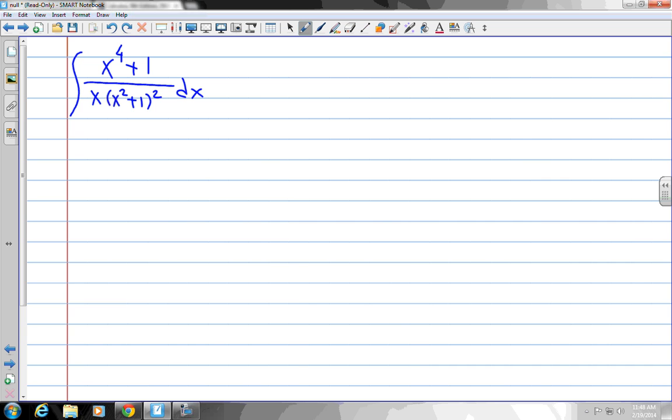I'm not making a new rule for that, but we're going to treat repeated quadratic factors just like we treated repeated linear factors. You're going to need all the powers leading up to the highest one. So you're going to need x squared plus 1 with the linear numerator, bx plus c, and you're going to need x squared plus 1 squared with some linear numerator, cx plus d or whatever.